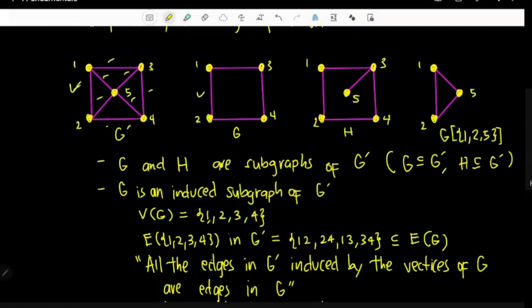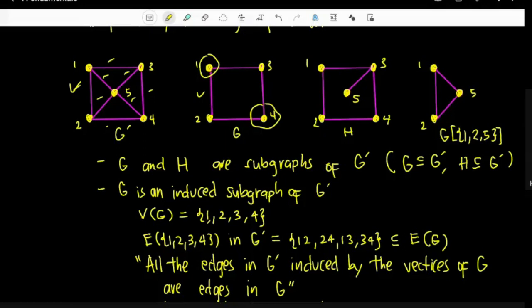O, yan. O, kuha ka pa. 1, 4. So, yung 1, 4, element ng V. Kukuha ka muna ng dalawang vertex sa G. Tapos, titingnan mo siya sa mas malaking graph. Yung bang 1, 4 ay edge sa G prime? Pag edge siya sa G prime, dapat edge din siya sa G. Eh, hindi naman siya edge sa G prime. Wala namang 1, 4 sa G prime. So dapat hindi rin siya edge sa G. Okay, ganun lang po.